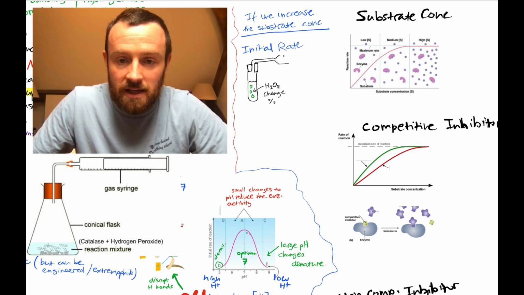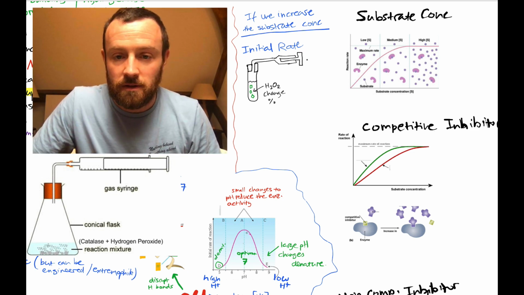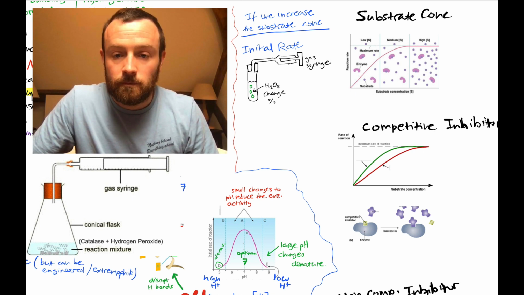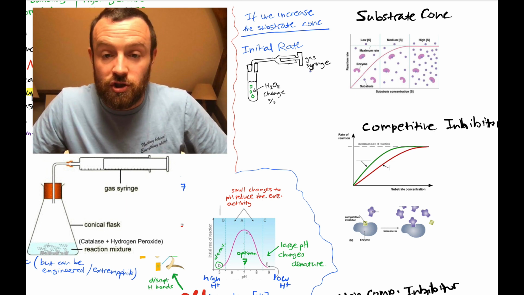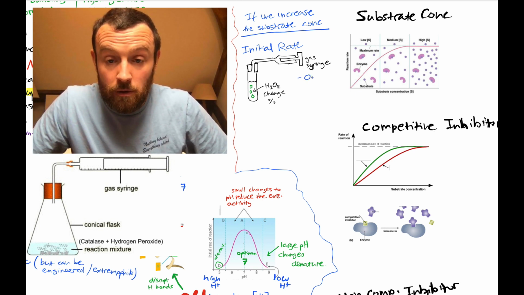So the gas syringe would measure the rate of oxygen produced. Let's label that because you probably can't tell what it is. Gas syringe. And that would measure oxygen produced in cm cubed.